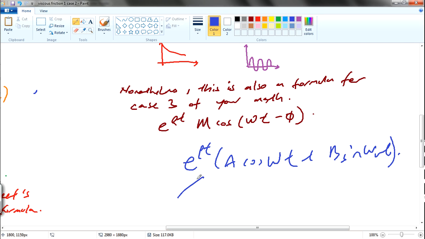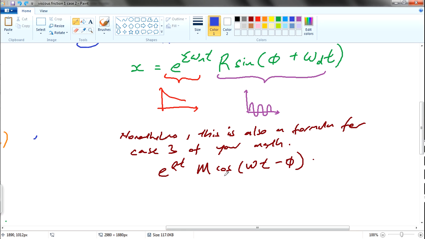This is the case 3 formula. Alternatively, it can also be rewritten as this one. But however, the cosine and the sine, it all depends on the phase angle. I don't know how to describe this, but it is much related to this.